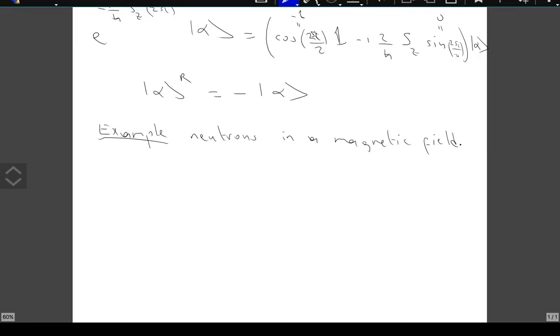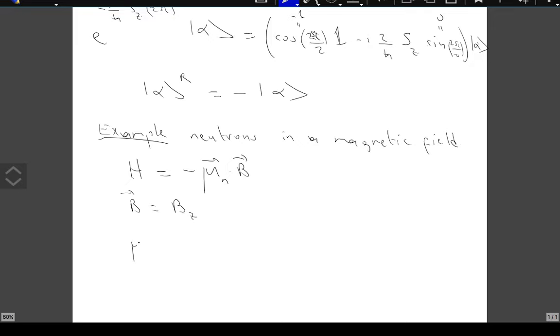If you have any system in a magnetic field, its interaction with the magnetic field will be given by minus mu dot B. Now we can just assume that B is uniform and it's in the z direction.